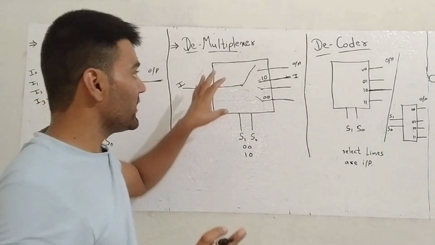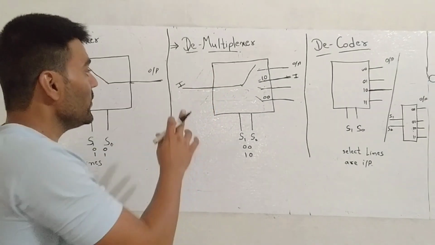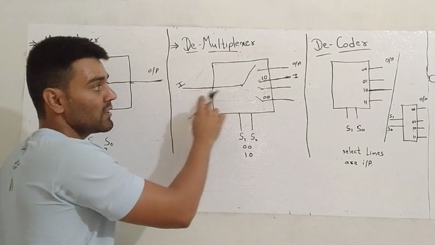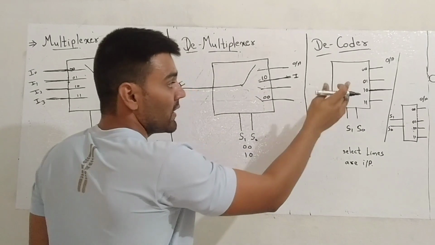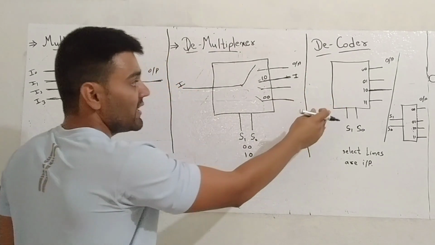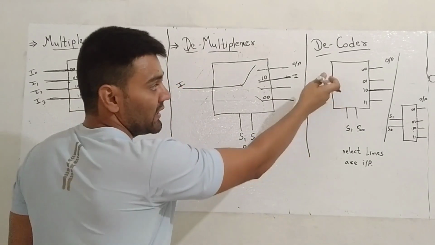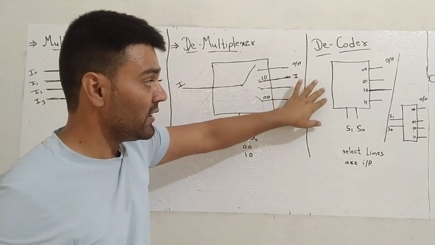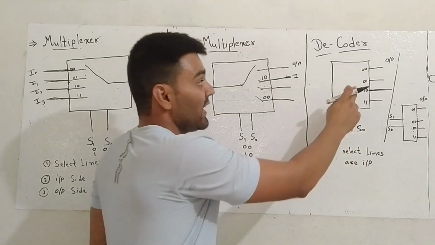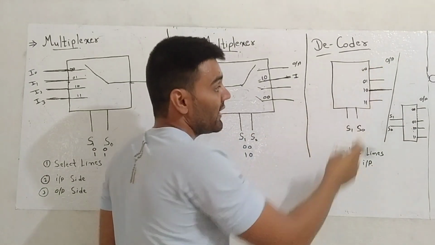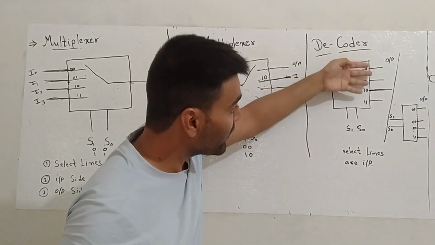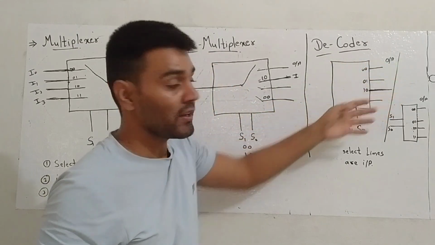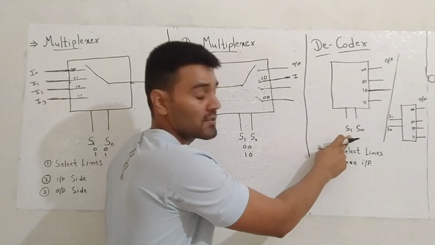And finally there is a decoder. Decoder is just a demultiplexer where we are making the input as 1. So you can see there is no input pin I here. Okay, so we made this input as 1, and that 1 will be provided on one of the multiple output pins according to the select lines.